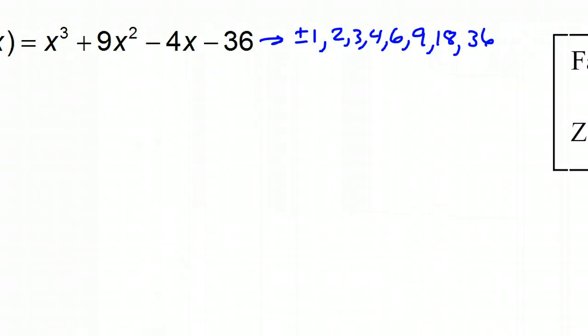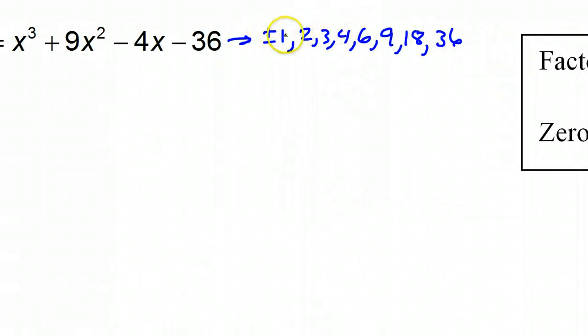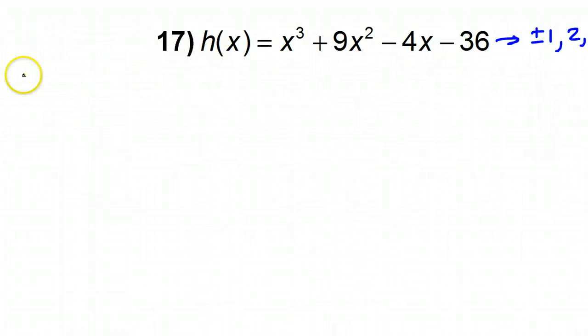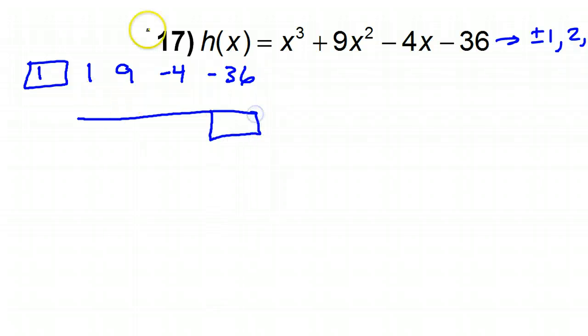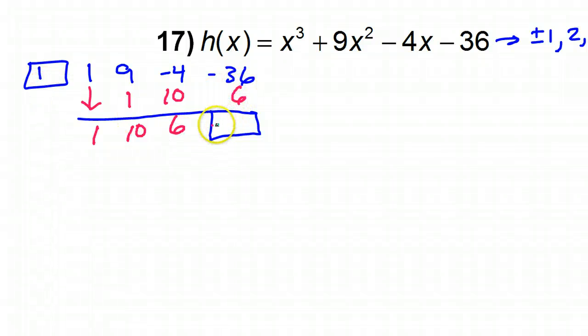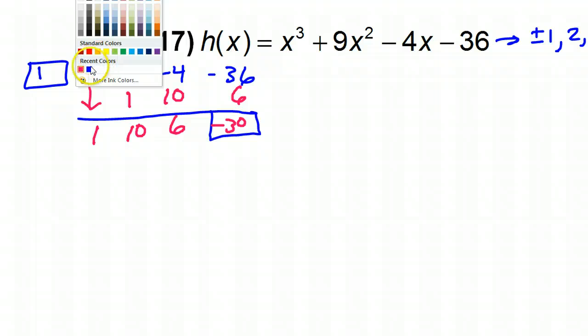Okay, so we're just going to go in order. This list of possibles didn't really help us because it's 1, 2, 3, 4. This is really not helping us. Anyway, let's just start guessing and checking. So starting with 1. So let's see, I've got 1, 9, negative 4, negative 36. So that's 1 times 1 is 1, that's 10, that's 10, that's 6, times 1, that's 6, that's negative 30, that's a fail.